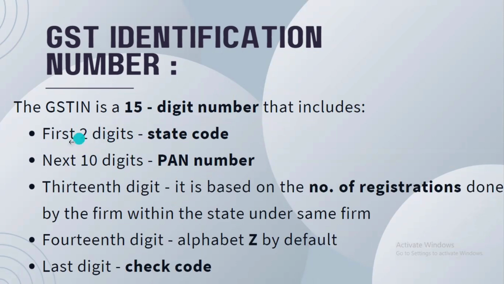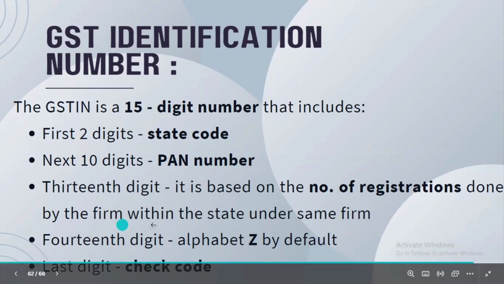It consists of the first two digits representing the state code, the next 10 digits representing the PAN number of the firm or individual, and the 13th digit representing the number of registrations done by the firm within the state under the same PAN. The 14th digit is by default the alphabet Z, and the last digit is a check code, used if any errors take place.